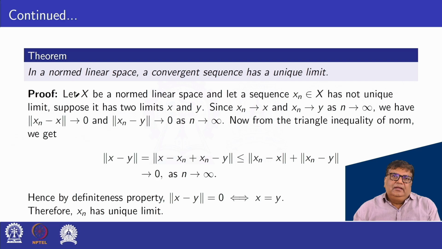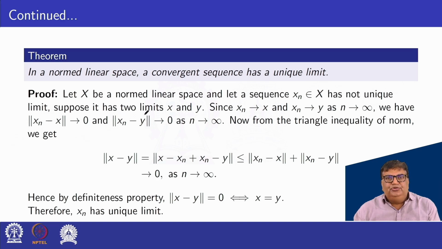Proof. Let X be a normed linear space. By contradiction, we will prove that a convergent sequence has a unique limit. Suppose the sequence xn belonging to X has no unique limit.